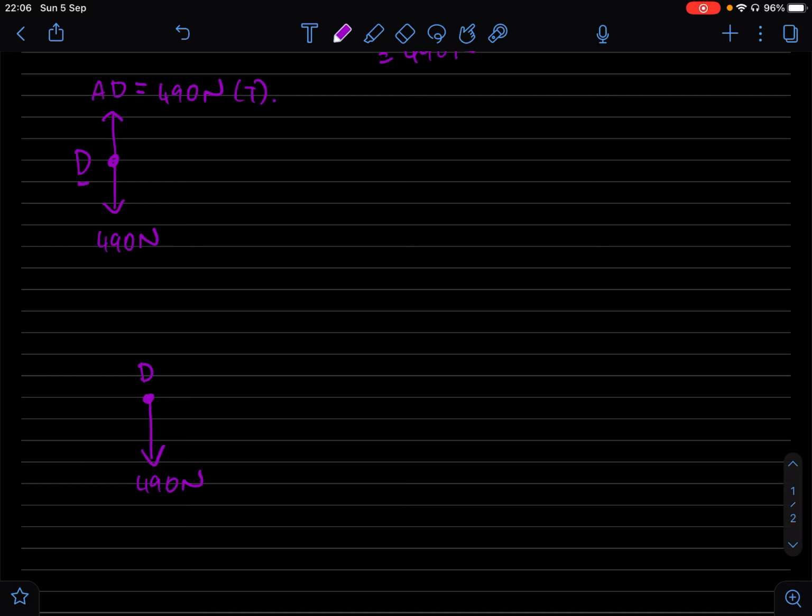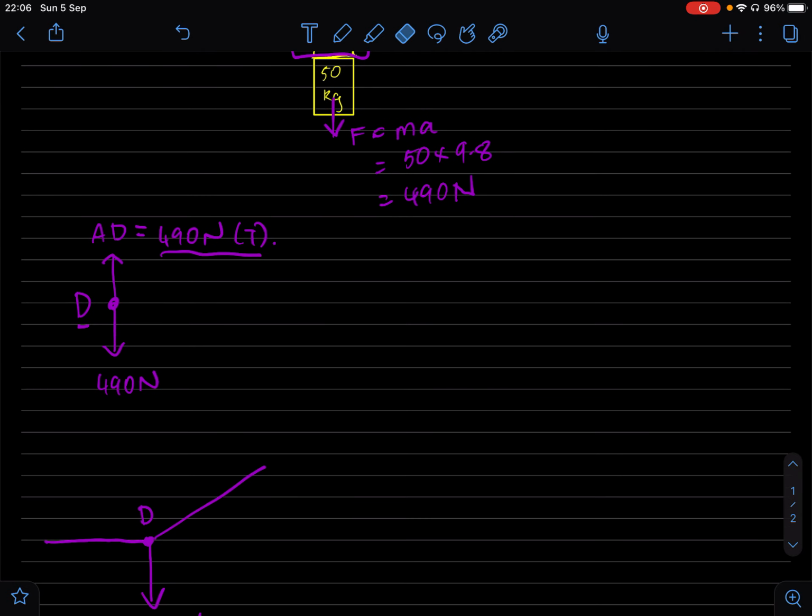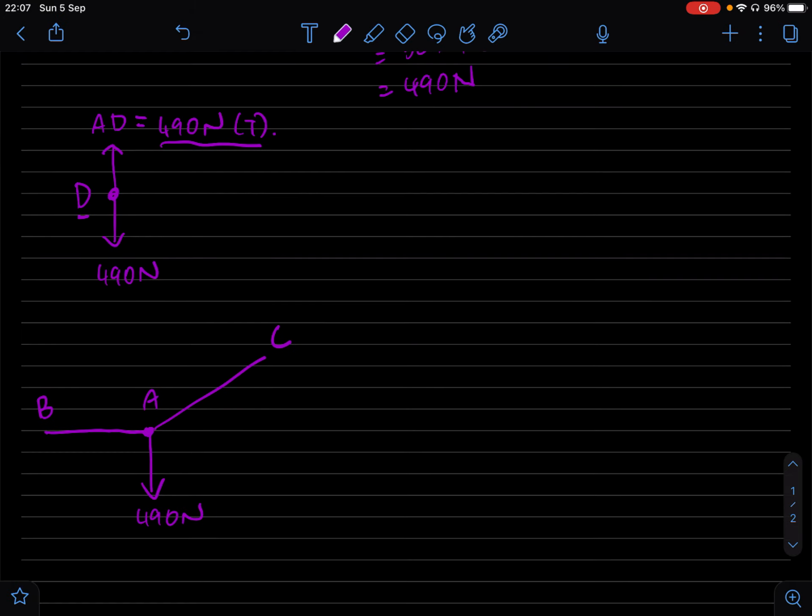So it's acting away from joint D. That's this load that we just calculated. Then we have this member up here, and then we have another member here that we're really interested in. Sorry, I made a mistake. That's joint A. That's B, and that's C.